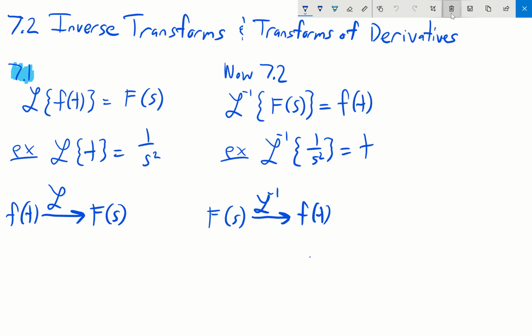Let's go ahead and do a couple examples. Let's take a look at example 1a. Let's find the inverse Laplace transform of 1 over s to the 5th.